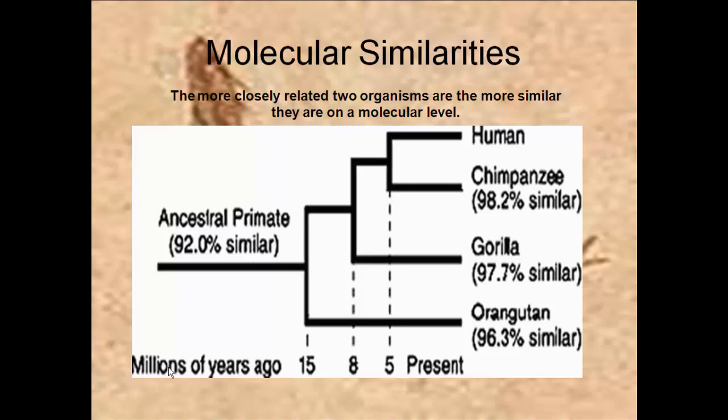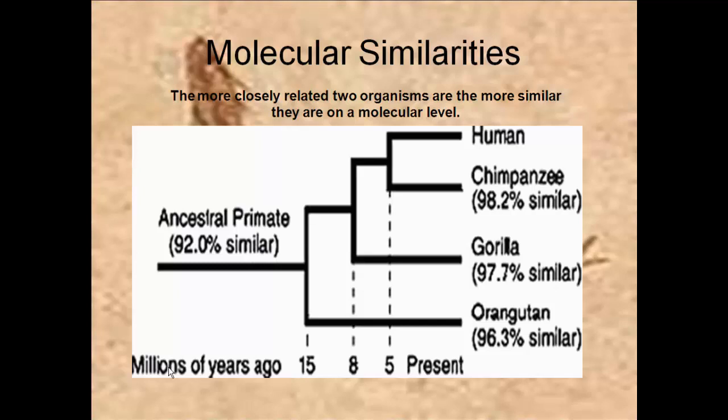It says the more closely related two organisms are, the more similar their molecular structures are, the more similar their DNA is. So ancestral primate. If we are able to collect bones, we can get the DNA structure, like Neanderthals. Guess what, guys? We have mapped the genome of Neanderthals. Homo sapiens and Neanderthals lived side by side for a small period of time. There are even theories that support the idea that humans and Neanderthals actually mated at one point.